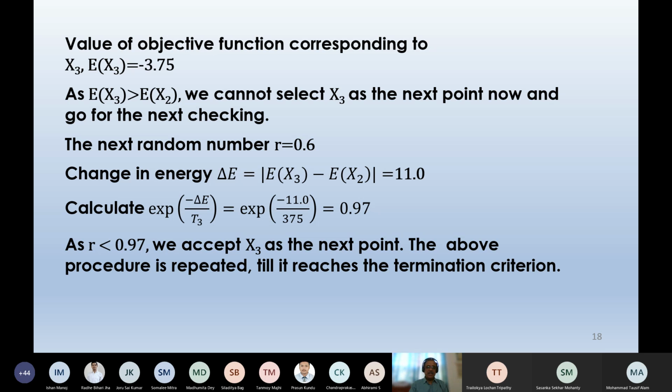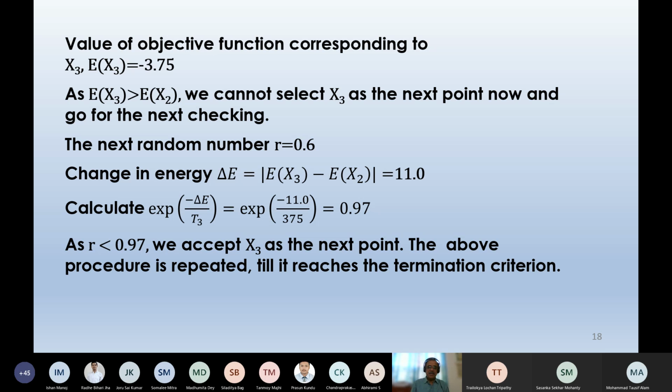Now this particular R is found to be less than 0.97, so we accept X3 as the next point, because according to this particular condition we are in a position to accept X3, although it failed the first condition.